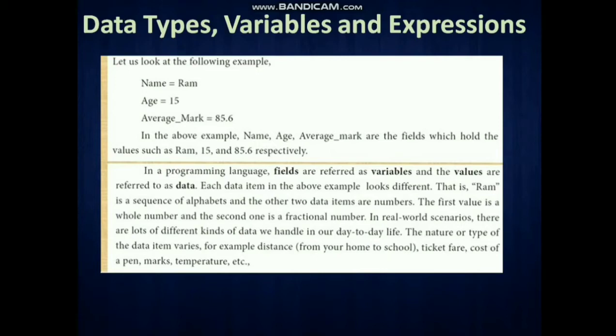The values are the data. Ram, 15, 85.6 are the data, or the values of the variable. The value of the name field is Ram, and so on; 15 and 85.6 are the values of those particular fields.